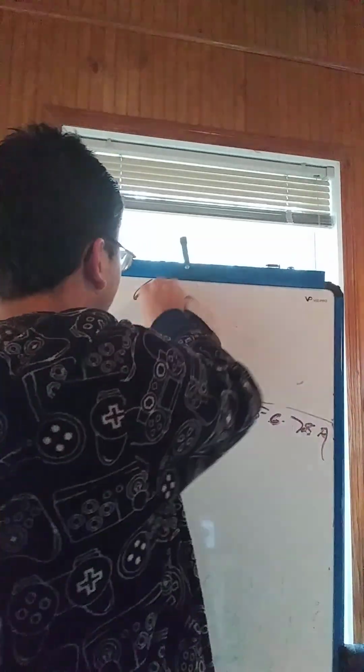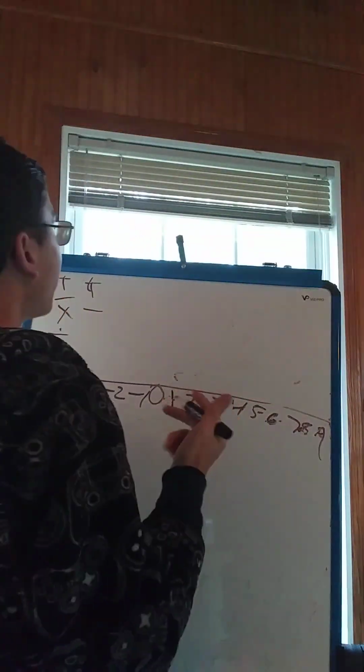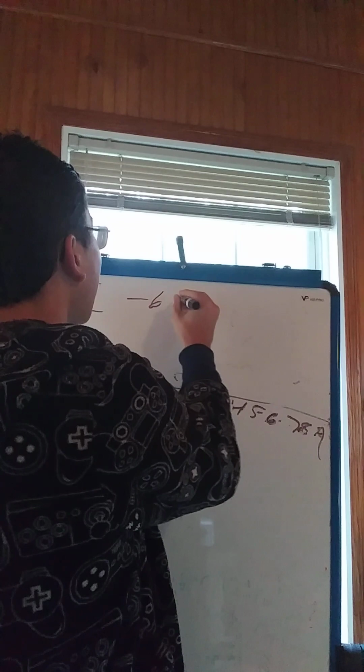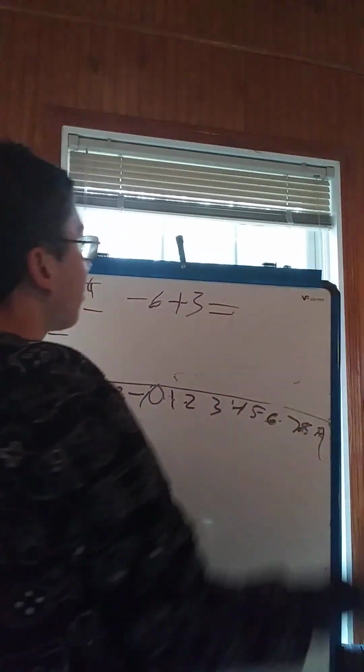Now, opposite signs, inverse operation. Let's do that same problem again. So negative 6 plus 3 equals.